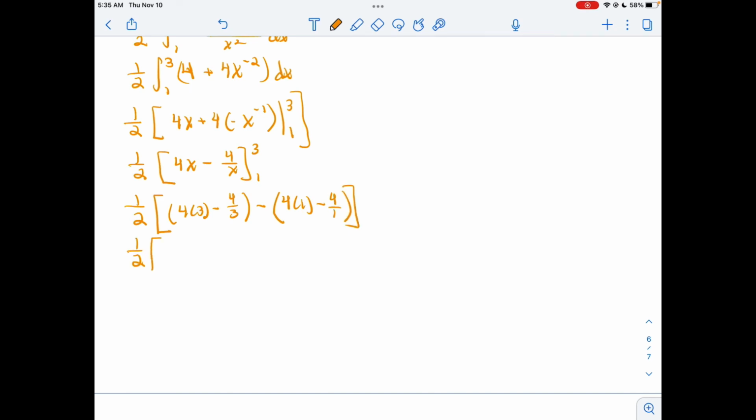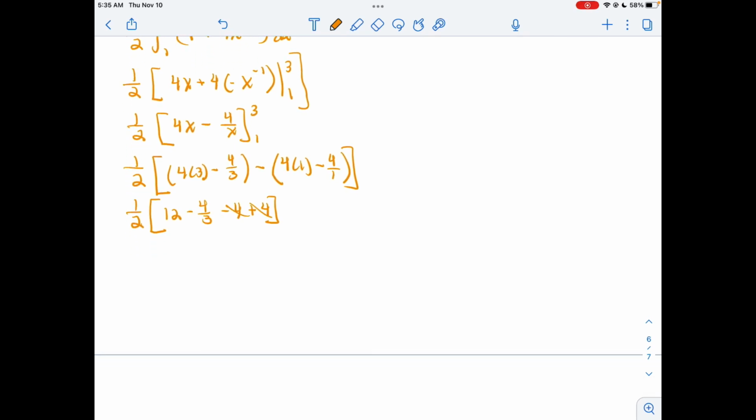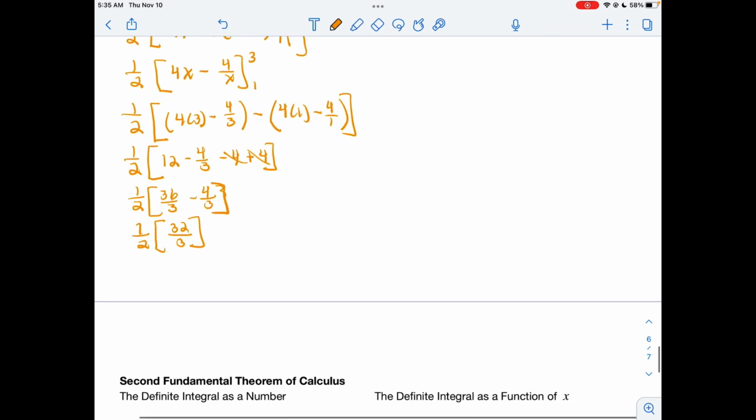And I have 1/2, let's start in the parentheses first, that gives us 12 minus 4/3, minus 4 plus 4. Distributing the negative, minus 4 plus 4 cancel out, and so I'm left with 12 minus 4/3. I can rewrite 12 as 36/3. Subtracting the 4/3 gives us 32/3. 1/2 of 32/3 is simply 16/3.